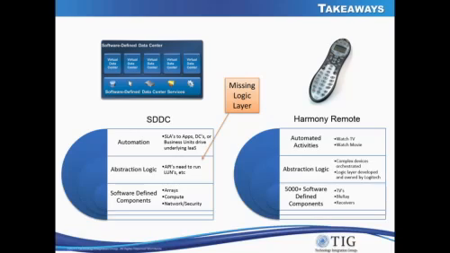And again, we've got all the same consistent layers between the software-defined components, and everyone's been talking about how they have software-defined storage and they have software-defined networks, and everyone's talking about what they have software-defined. And just like that, the Harmony Remote's got their software-defined components as well, because they built the abstraction layer of logic that helps to tie all those components together.